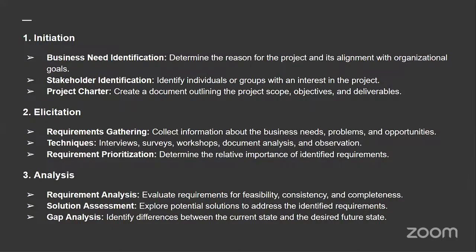When you talk about feasibility, you look at the documents, the requirements you have. Is it implementable? Is it workable? You need to look at that.